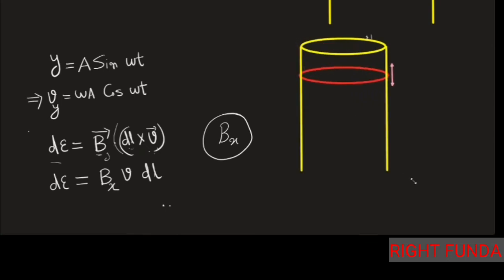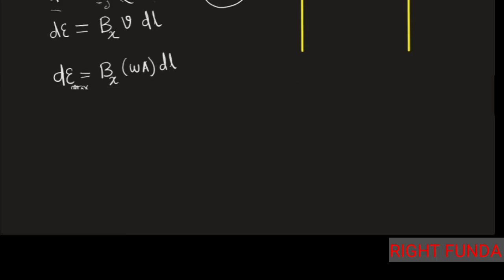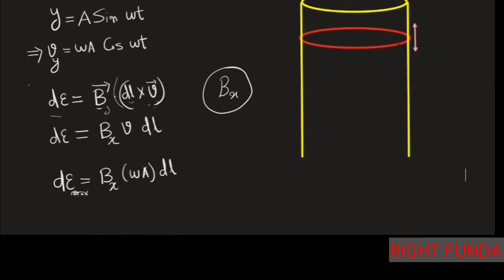I can enlarge this figure. The ring is oscillating like this. To calculate the maximum value, the velocity is a variable quantity, since this body is executing SHM.